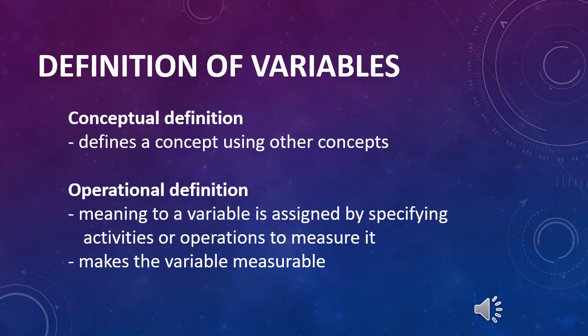Operational definition, on the other hand, defines the variable as to how it is used in the study and in such a way as to make it measurable. So, for example, maternal health services may be operationally defined as the number of tetanus toxoid vaccinations given, or the absence or presence of prenatal consults in the health center.